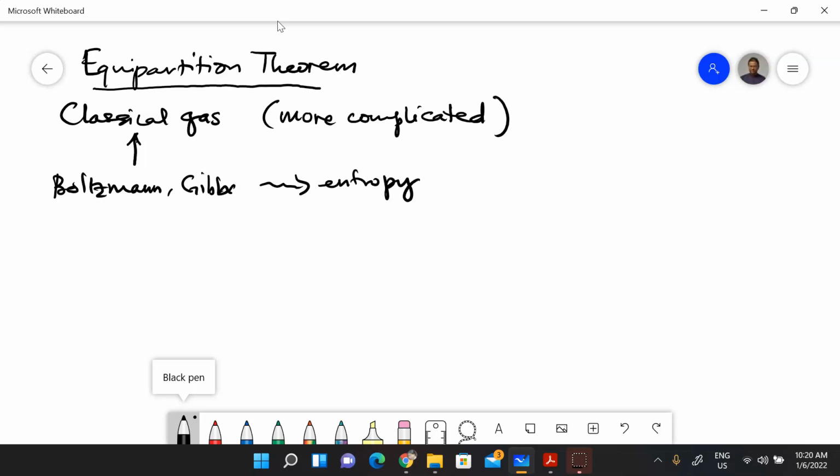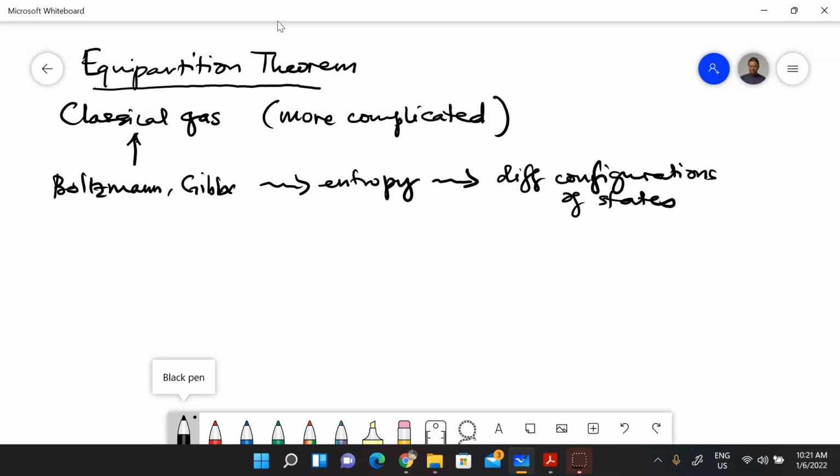So there must be a way of trying to describe how. Remember, entropy is coming from your different configurations of the states. So we're going to describe this a little bit.